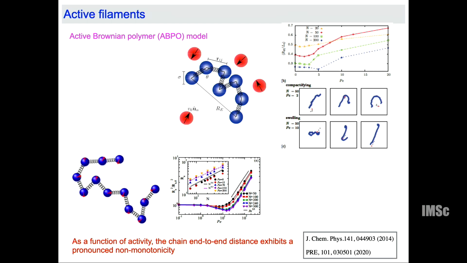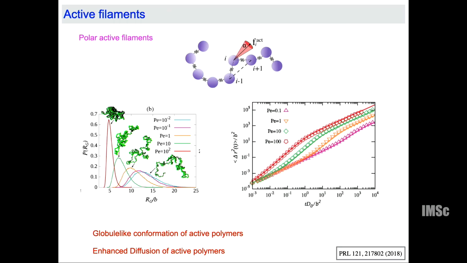The origin of forces could be very different for different systems, but you have some forces, and these are represented by these red arrows or red balls here, and they are completely Brownian. That means the monomers of the polymer will have forces in all directions, and that's why they are called active Brownian polymer. And they exhibit a reduction in Rg and then swelling behavior. So, non-monotonicity in the Rg is observed for this kind of active Brownian polymer.